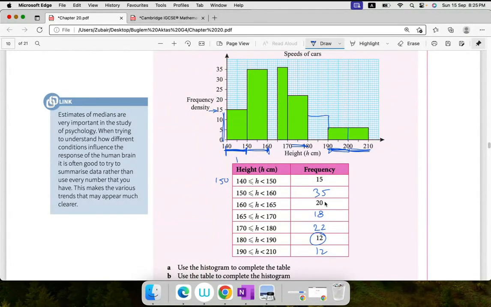Then look at this, 20, 160 to 165 is missing. The height is 20. So I'm drawing it at 10. One standard unit. 20, 20, 40.